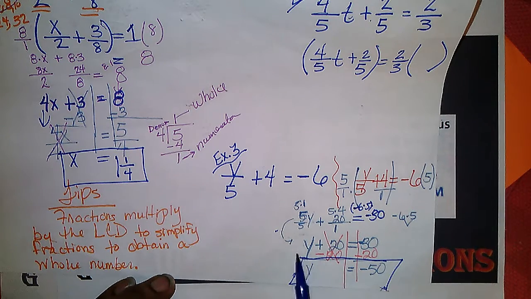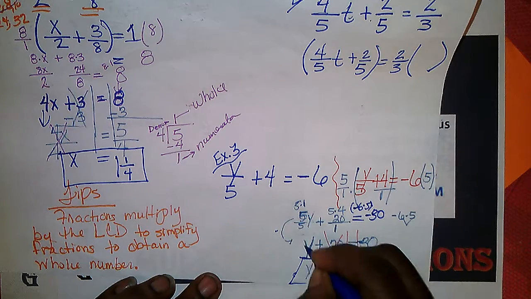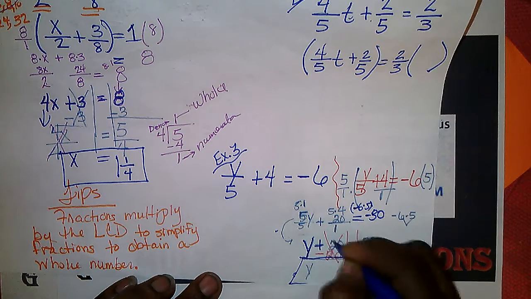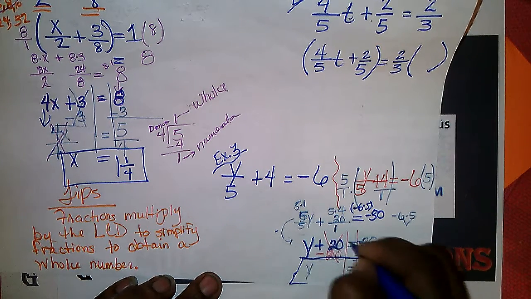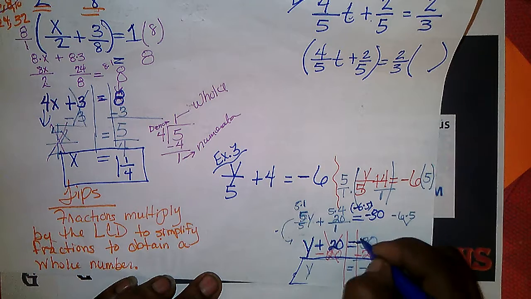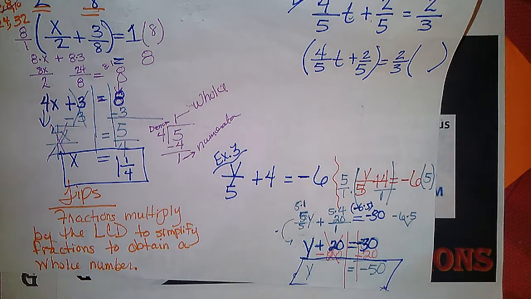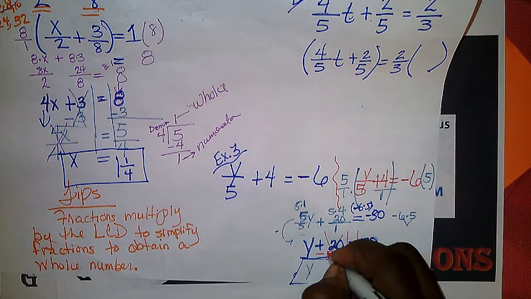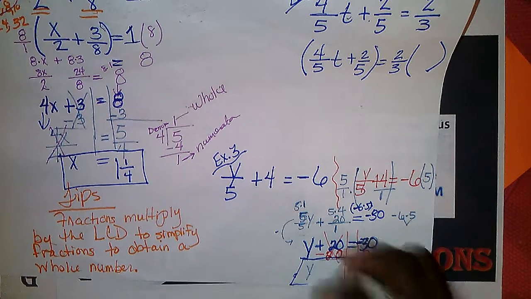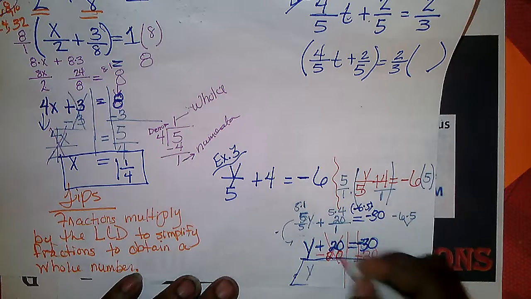And here we are. We have y plus 20 equals negative 30. We are eliminating the 20 because we're trying to solve for y. So we're going to do the inverse operation, which is subtract 20.